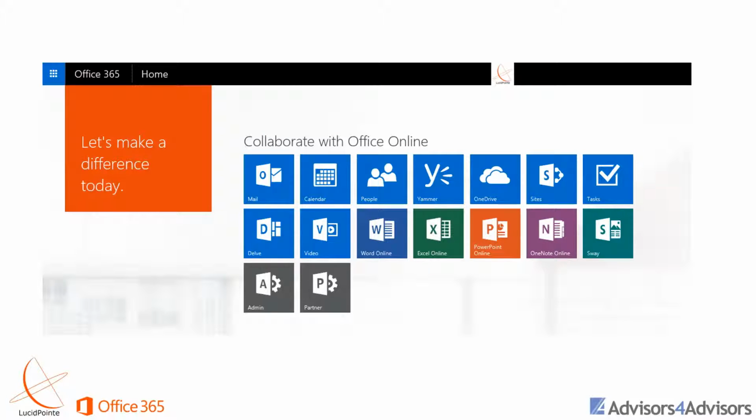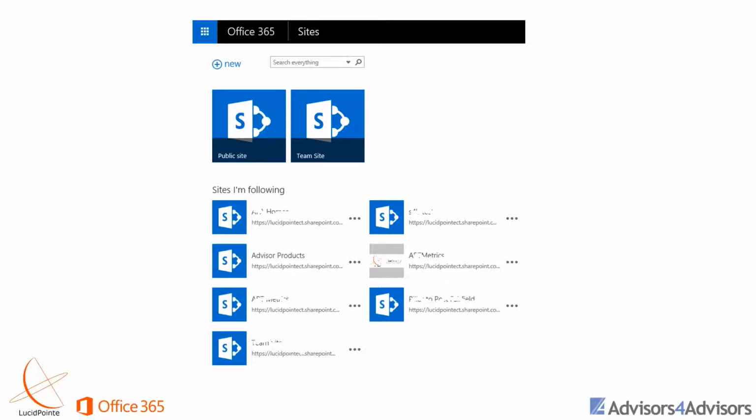If you go online and access Office 365 through a browser, you can click on Office 365 in the upper left-hand corner, which you can see here, and go to the screen that reveals all the tiles. And then you can either click on OneDrive here or SharePoint or Sites here to get to the team site. So if you click on the Sites tile, you'll be presented with this screen.